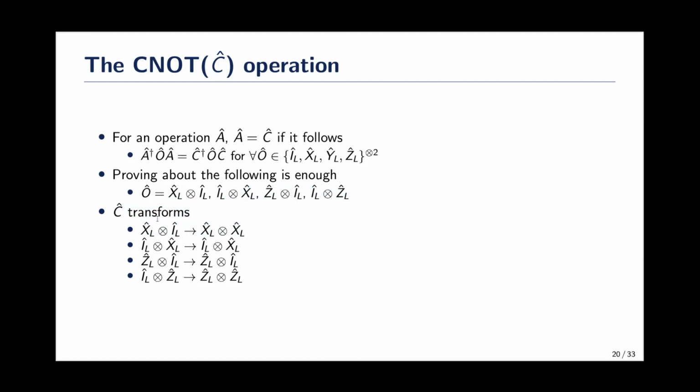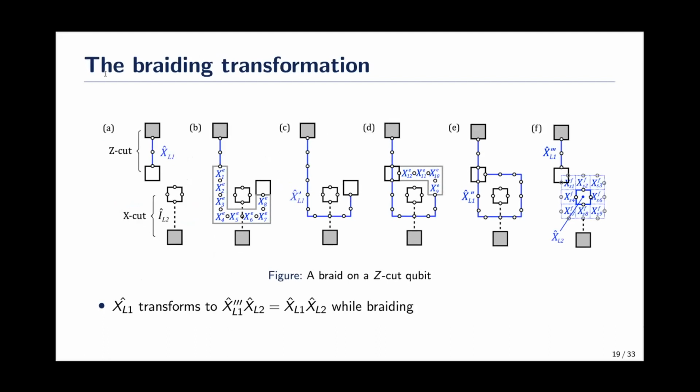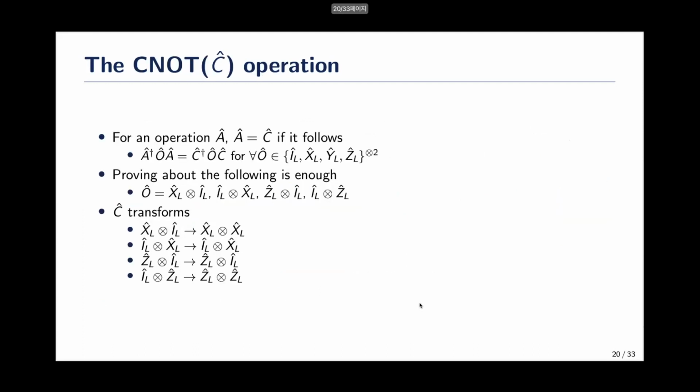And CNOT transforms XI to XX. And also the braiding transformation transforms XI to XX. And it transforms IX to IX, ZI to ZI, and IZ to ZZ.